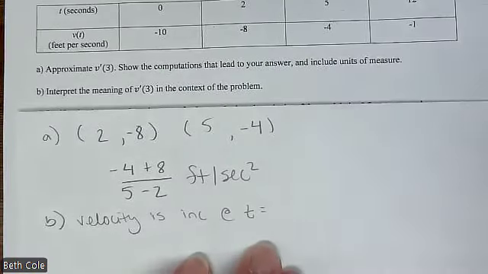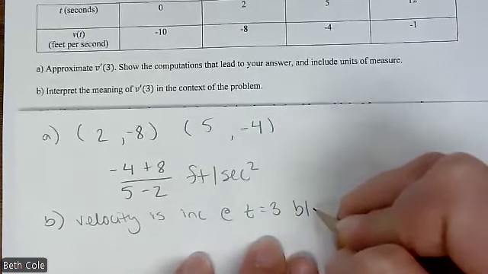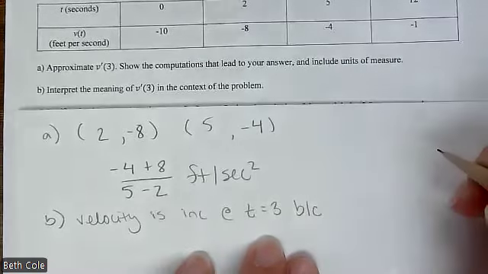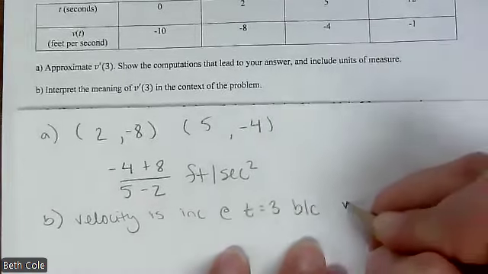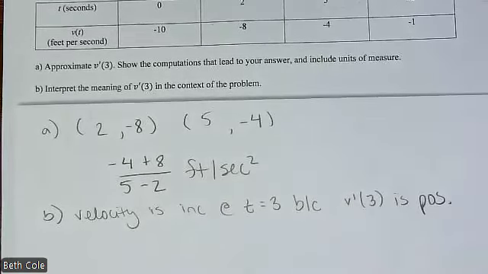Reread part A. If you don't say at what time, they won't give it to you. At time 3, because v prime of 3 is positive. And it's the approximation, to be fair. It's not like we actually found v prime of 3, but that's good enough.